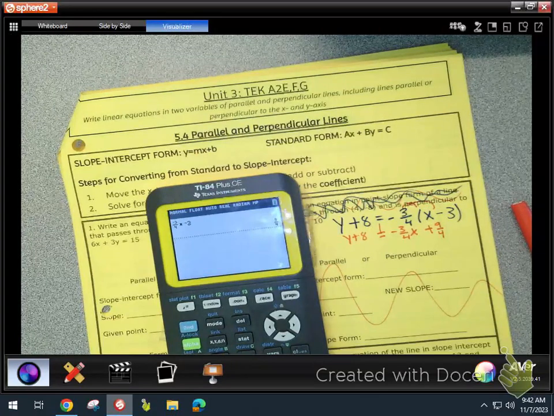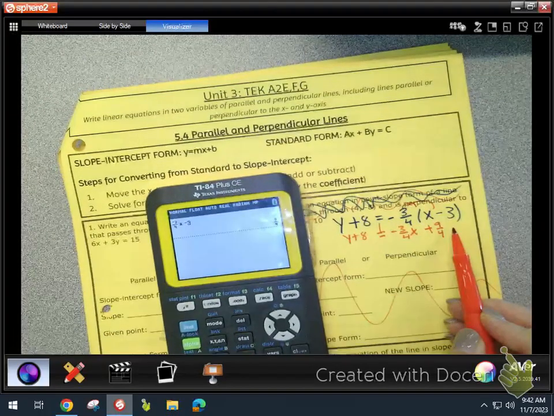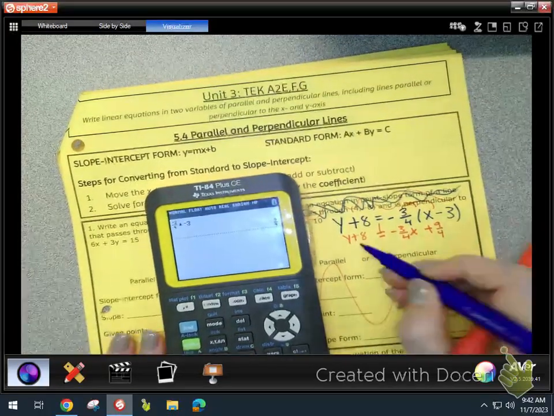But what do I do? Johan, what do I do next? Get slope intercept form. I distributed. Now what do I do to get y by itself? I distributed, so that was step 1. Subtract 8.